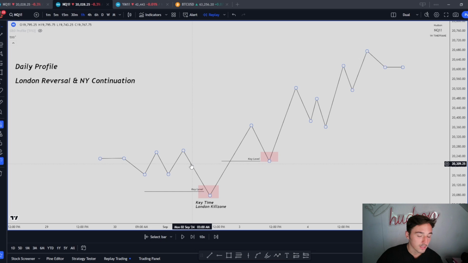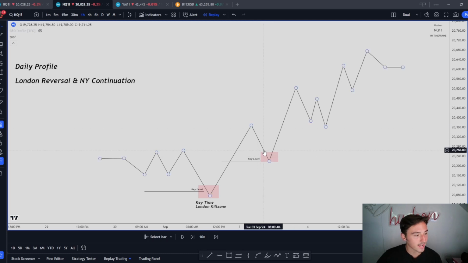That will say, okay, this is going to be your real low or high of day profile, and then New York should continue higher. So that key level needs to be a 1 hour, 4 hour order block or fair value gap. Even a breaker would be fine, but I pretty much just use order blocks, because if there's a breaker, there's an order block. So right here, key level at a key time, expansion higher, right?